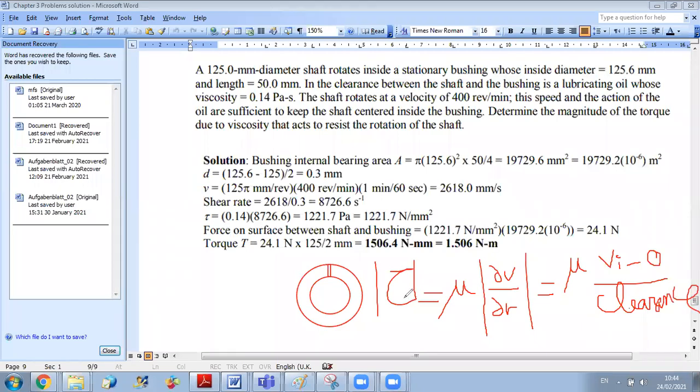And the shear stress is applied on which area? The oil is resisting rotation, and it's acting on which area? On the peripheral area of the cylinder. How can I calculate the total peripheral area of the cylinder?